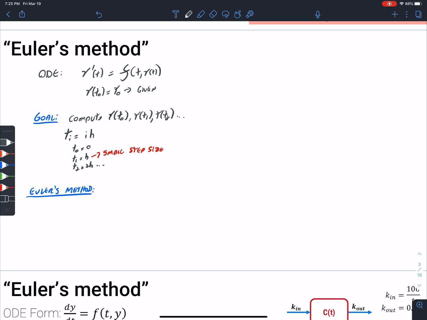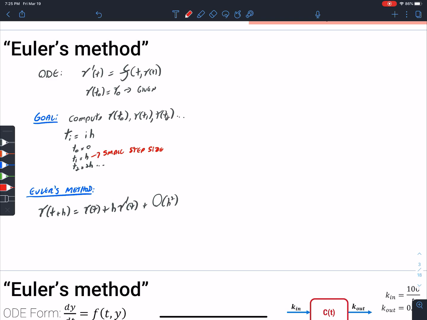So we know the Taylor series for y evaluated some value h displaced from t: y of t plus h is given by y of t plus h y prime of t plus other terms, which I'll abbreviate here, the largest of which will be order h squared, as we're assuming h is a small time step. We're going to ignore this.